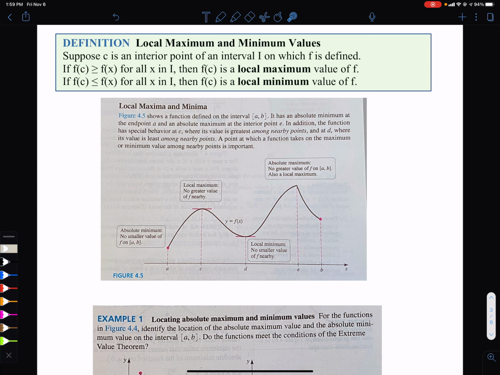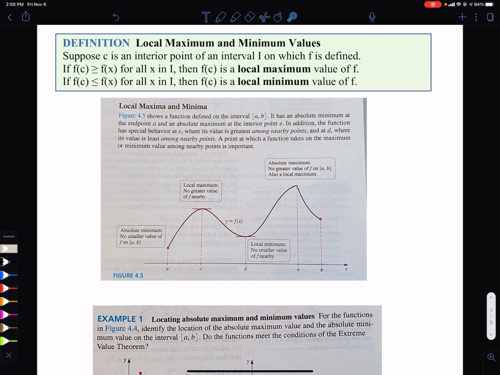If I found the tallest person in my classroom, we'd say, this is the maximum height locally, in my area. But chances are that person's not the tallest person at Garden Grove High School. At Garden Grove High School, the tallest person there would be the absolute maximum height. But in my classroom, we could have a local maximum height in my area. So local, or relative to the people around me. That's all that's saying.